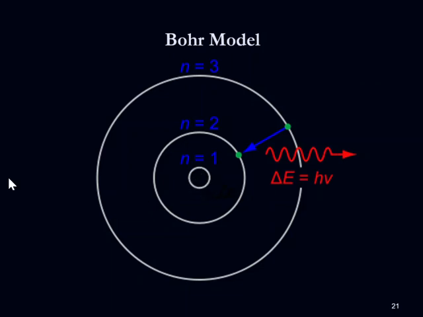Well, if you hit that hydrogen atom with enough energy, whether it's heat or light or whatever, you could excite that electron from the n equals 1 to the n equals 2 level. Or if you hit it with even more energy, you could excite it from the n equals 1 to the n equals 3 or the n equals 4 that I don't show, or the n equals 5, or there's virtually an infinite number of possible orbits there.